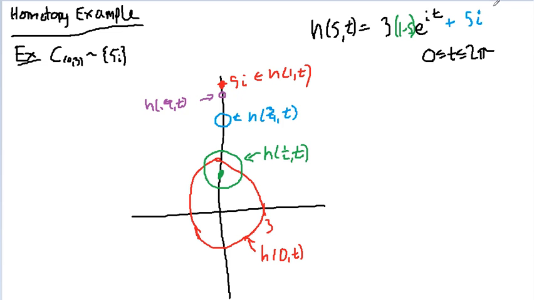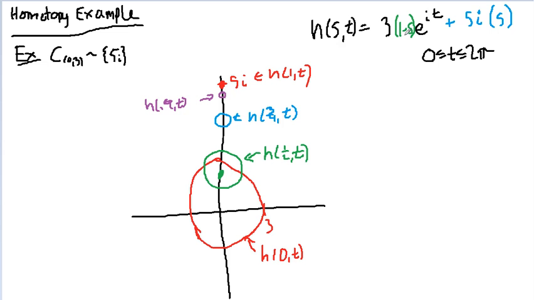So instead what I want to do is multiply this by s. So again, when s is equal to 0, I get a radius of 3 times 1 minus 0, which is good. And I'm going to raise it up 5i times 0, which is just 0, so I get exactly this red circle. At this point up here, when s is equal to 1, I get a radius of 0, but I raised it up 5i times 1. So I basically get 0 plus 5i.